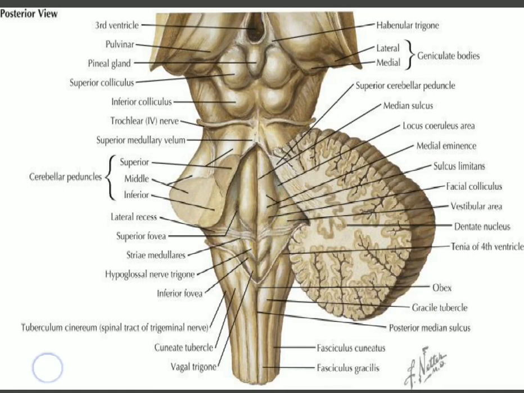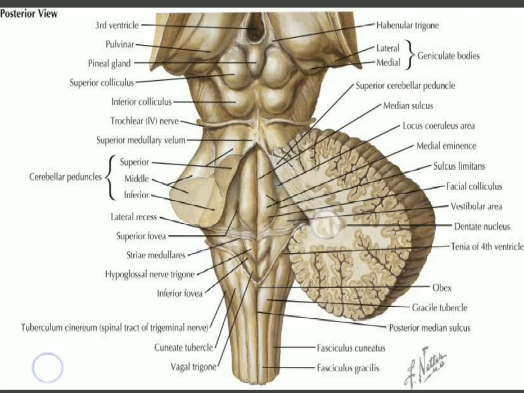One is the lateral recess, which is also labeled here. You can see on both sides is the lateral recess. It passes laterally in the interval between the inferior cerebellar peduncle and the peduncle of the flocculus. Peduncle of flocculus is a structure which is associated with the cerebellum.